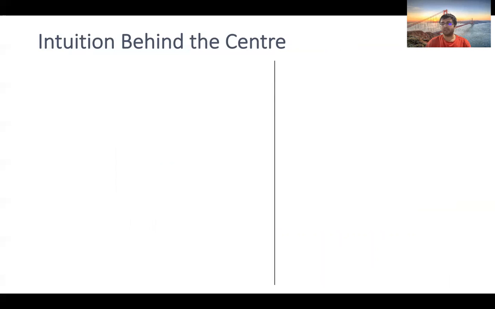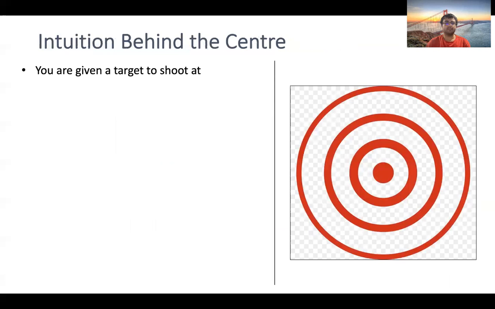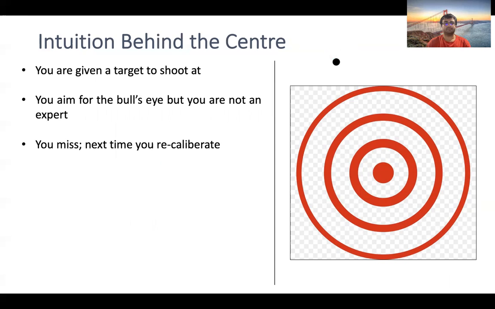Now let's give some intuition behind how to compute the center. We're trying to shoot at a target. We're aiming for the bull's eye, but we are not an expert. Each time we try, we will miss, but we will try to recalibrate. Note that the recalibration cannot be arbitrary. It cannot be done naively. We have to keep trying to balance all the distances to minimize the dissatisfaction of everyone.